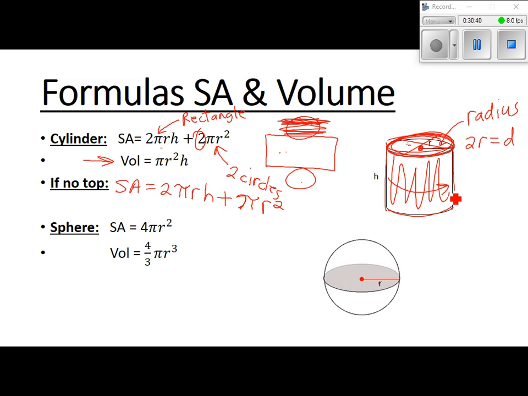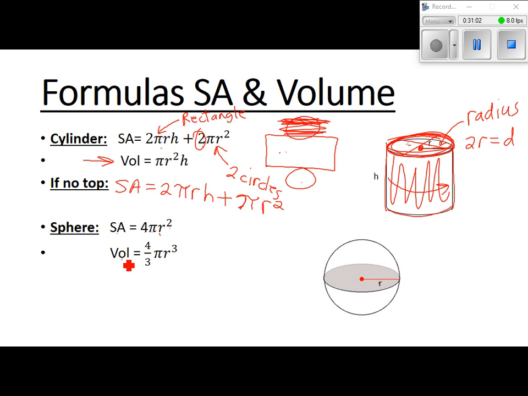A sphere or a ball, surface area is always 4 times pi times radius squared. That's how much plastic or rubber it would take to make a kickball, or a basketball.